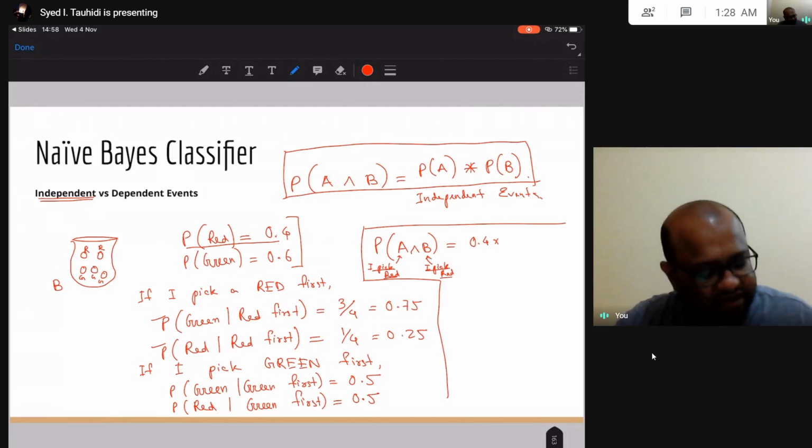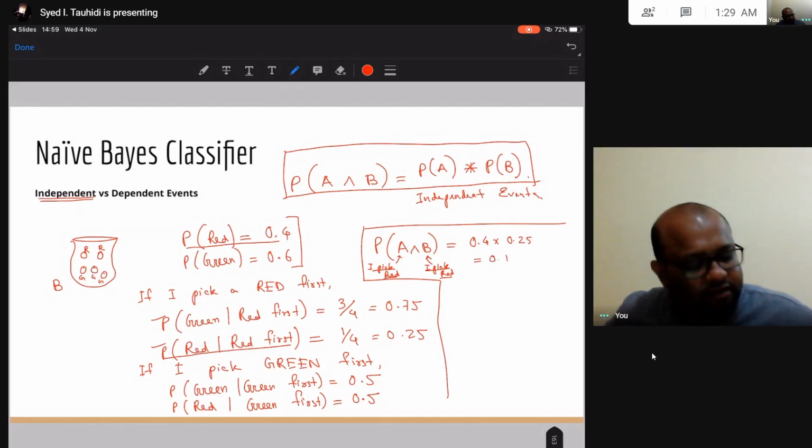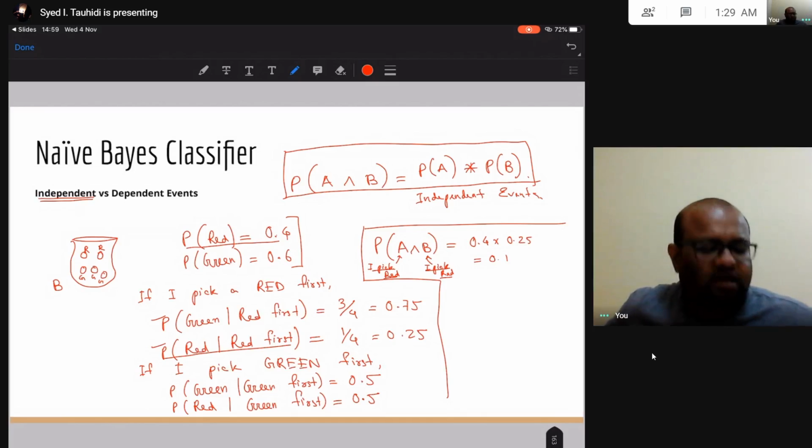Given that I have picked red, the probability of me picking red again is 0.25. So this is 0.4 times 0.25, and that is going to give me a total probability of 0.1. Now I have a 10% probability that I will pick 2 reds continuously.